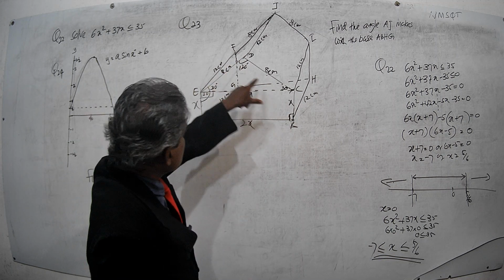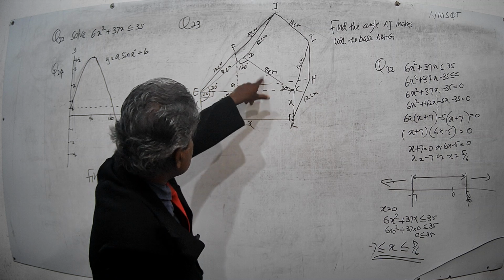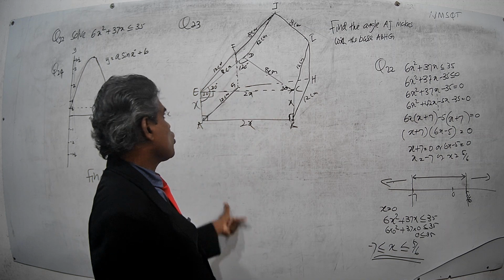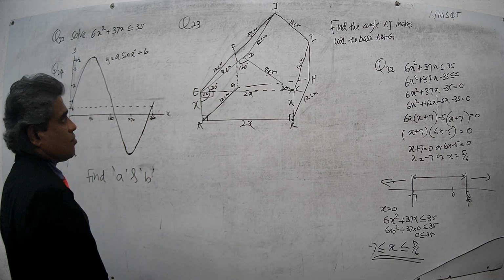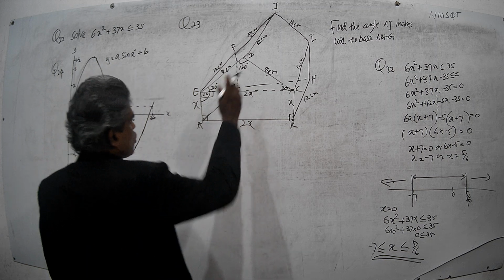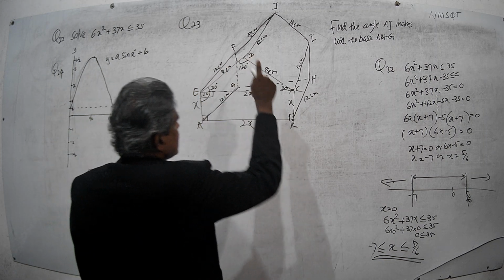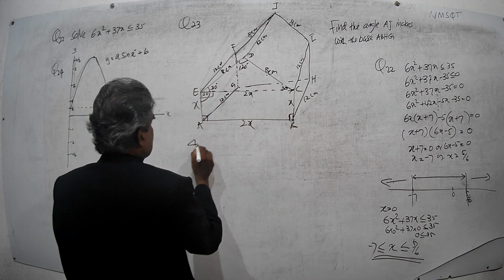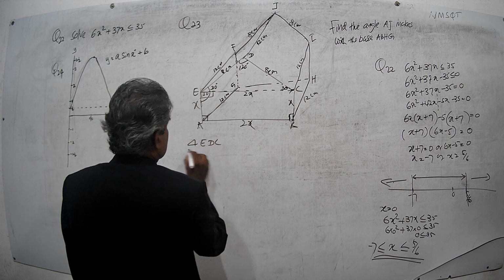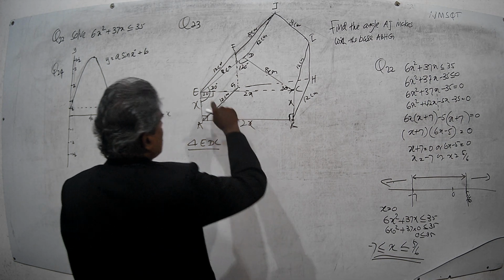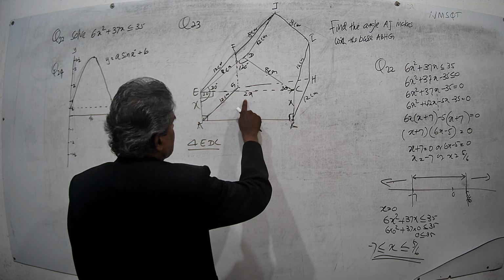In this triangle, we know this angle, we know the two sides of that triangle. We can apply the cos rule for finding that 2x. Then apply the cos rule for this triangle EDC. We know this angle, its opposite side is 2x.